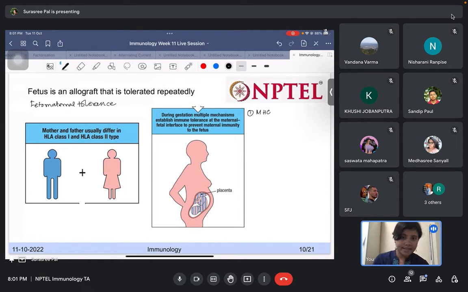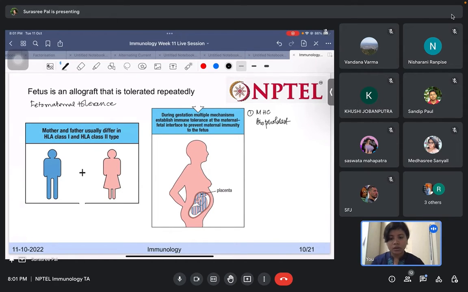There is this outer layer of the placenta which is called the trophoblast, right? The trophoblast does not express MHC class 2 molecules and expresses only very low levels of MHC class 1 molecules. So MHCs are underexpressed on the trophoblast, right? That's the first point.